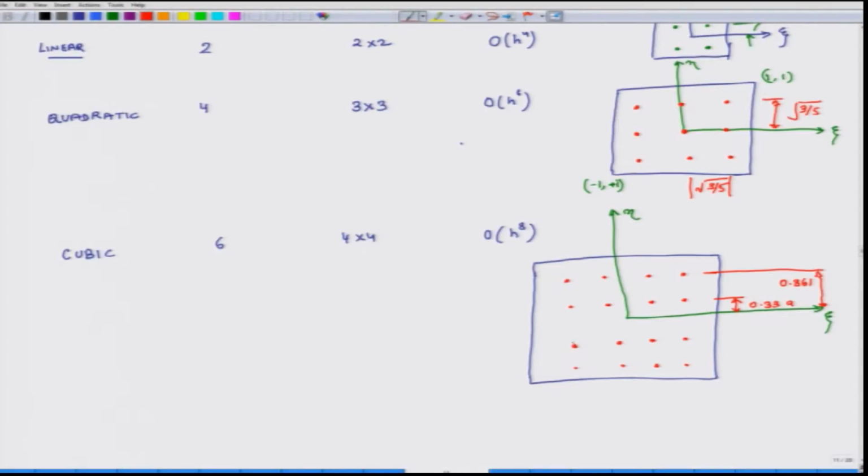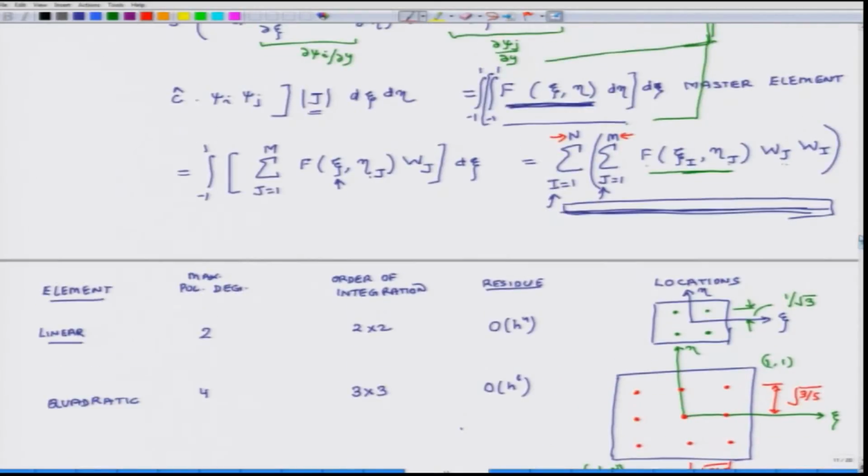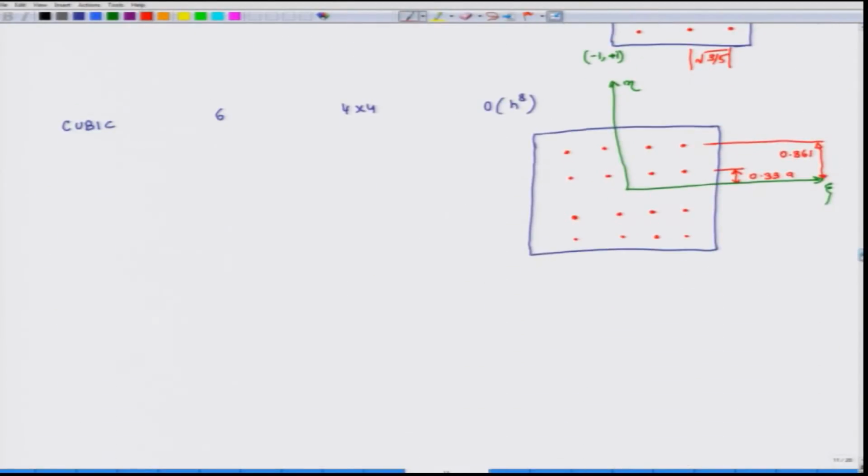So in this case I have to evaluate the function f at 16 points and multiply it with appropriate weights. These are not functions, these are numbers, appropriate weights. Add them up and I will get the integral. In this way I can calculate any stiffness matrix or any element of the force vector using this Gaussian quadrature method.